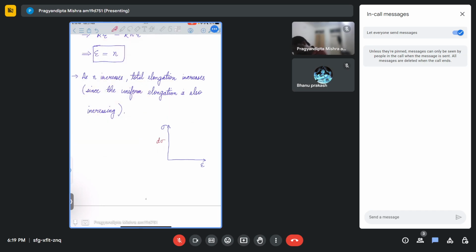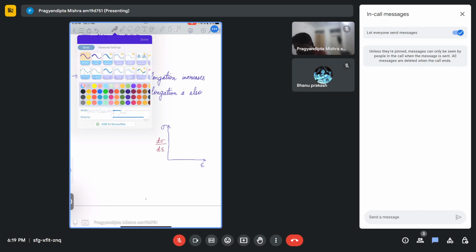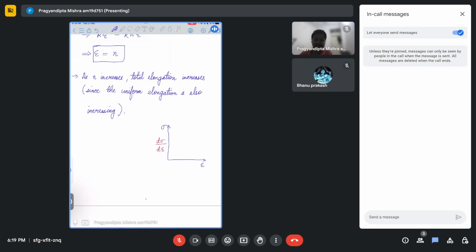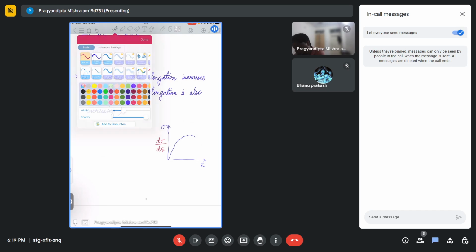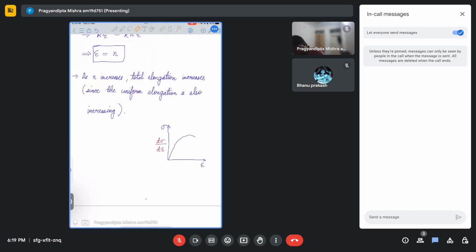So I'm plotting stress, strain, and d sigma by d epsilon both on the y-axis, because both have the same units. So my stress strain curve would look something like this, right? My d sigma by d epsilon curve would look something like this.